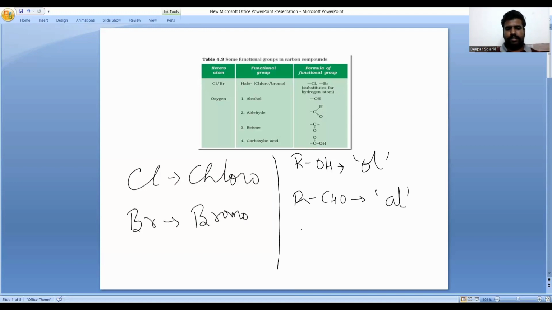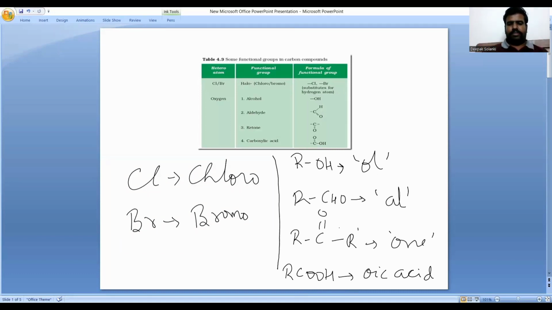Third one is ketone, in which suffix one will be used. And the last one is carboxylic acid, RCOOH, in which oic acid will be used. These are all suffixes. We are familiar with it from the previous video also.